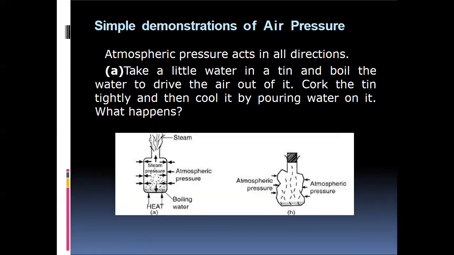As a result, a partial vacuum is created inside the can. The atmospheric pressure acting on the surface of the can from outside is much greater than the pressure acting inside the can. This huge pressure will crush the can, as you can see in this diagram.